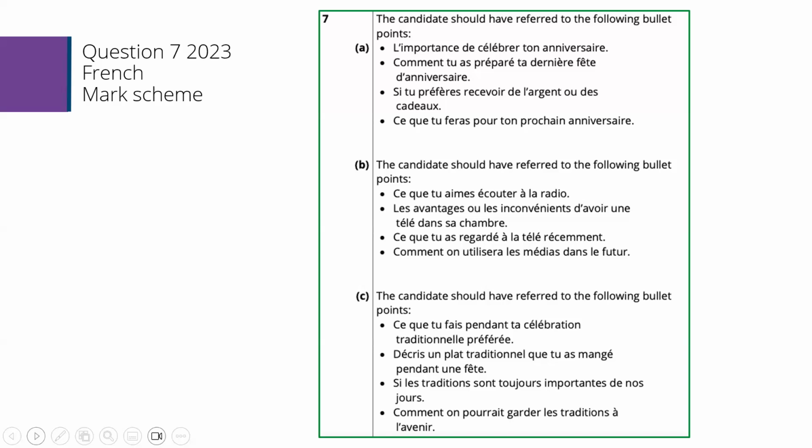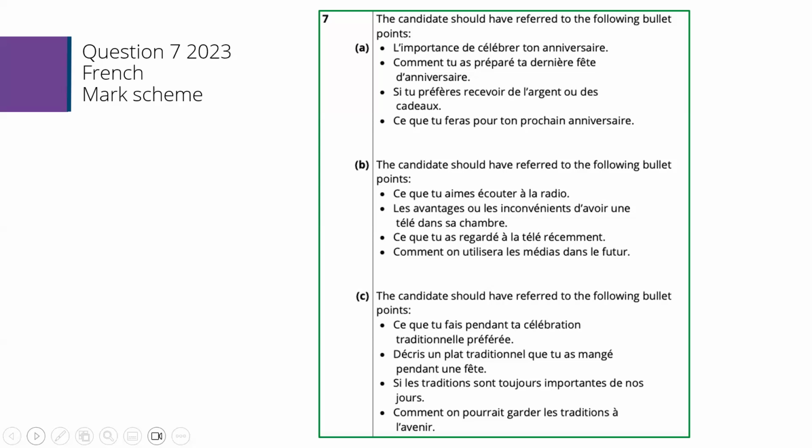So where we're talking about using a past time frame, what you watched on the telly recently, they can say, I watched, but they might say it was, and in the program, there were two people who.